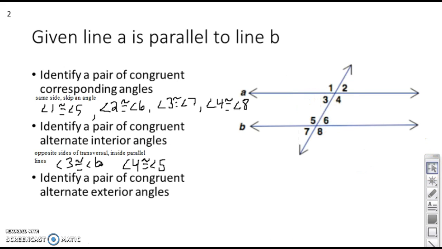Okay, and then identify a pair of congruent alternate exterior angles. Well, for alternate, we're still looking on opposite sides of the transversal, but this time, instead of inside the parallel lines, we want it to be outside the parallel lines. Oops, I just moved that up there.